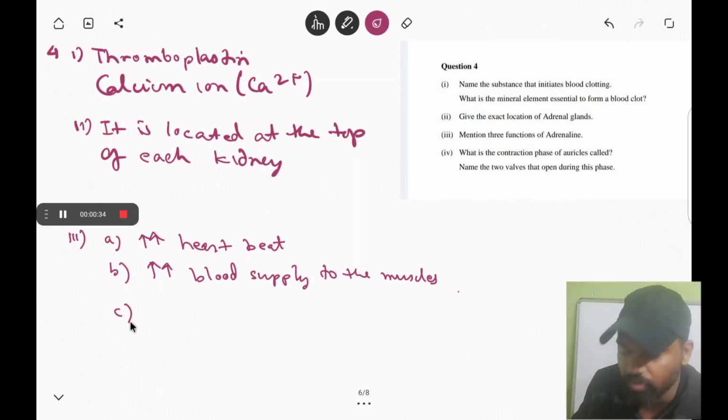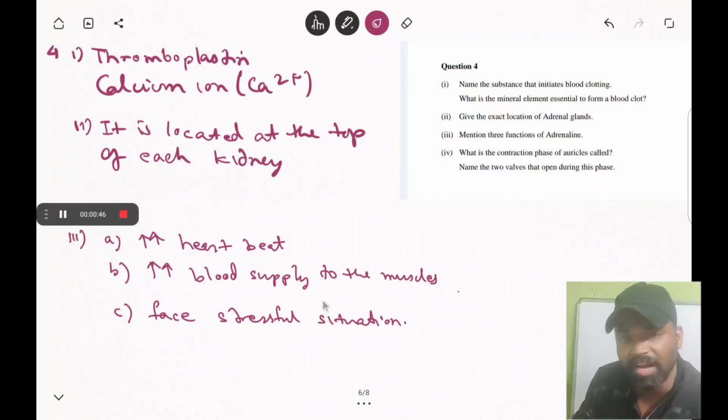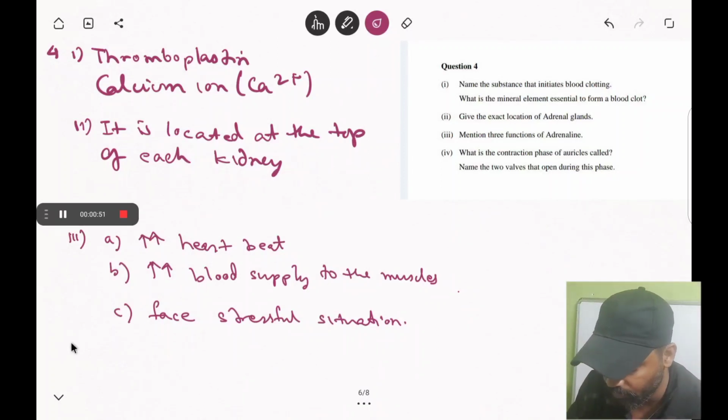One more, it helps to face stressful situation. So these are the functions of adrenaline. Done.